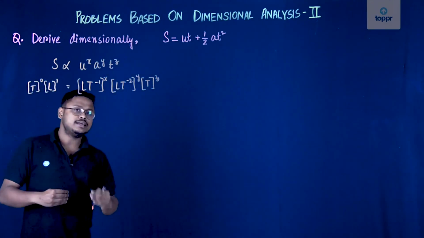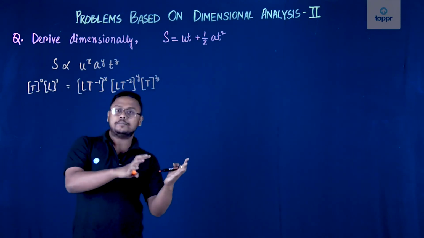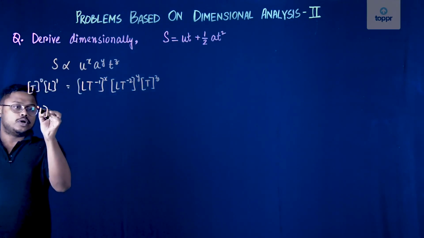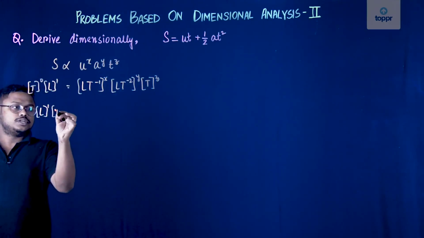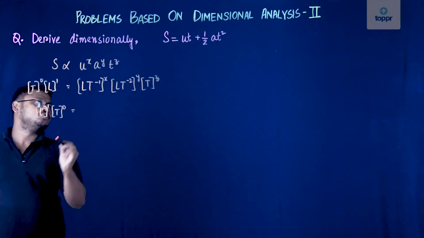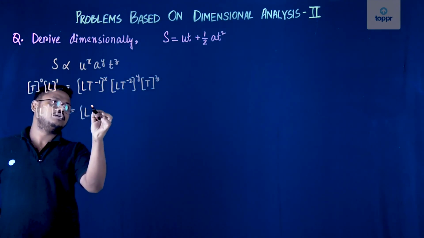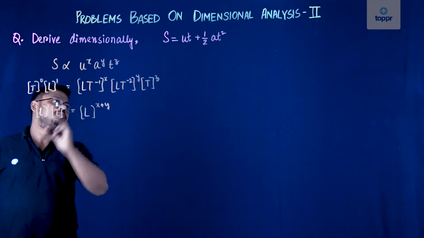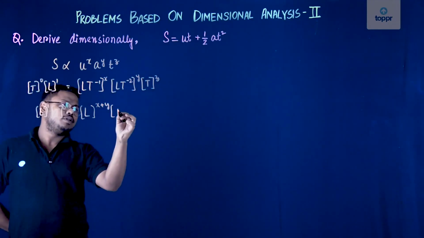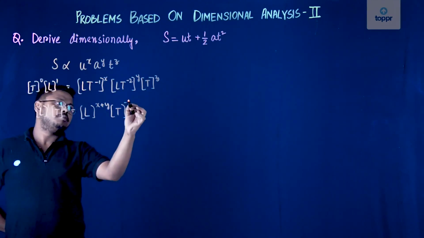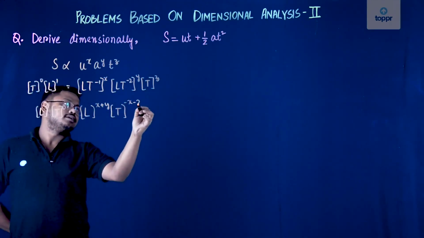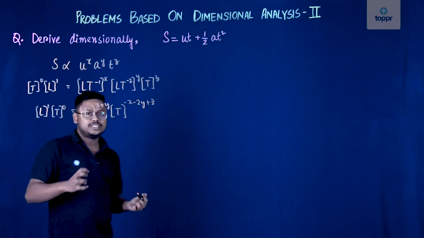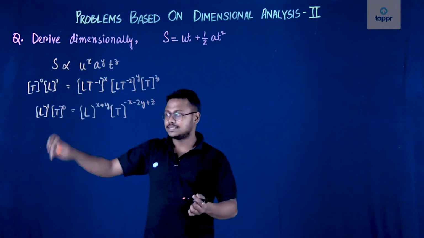In a similar way, let us try to segregate the power of length and the power of time, right. So L to the power 1 t to the power 0 is equal to, if you see, L to the power x from this part and y from this part, right, and t will be t to the power minus x minus 2y plus z, right. Now we will just compare the power of both the sides.